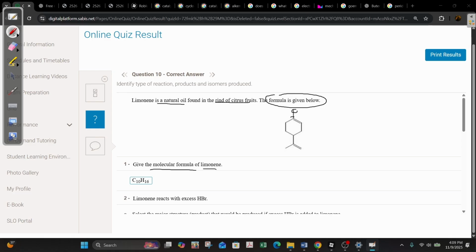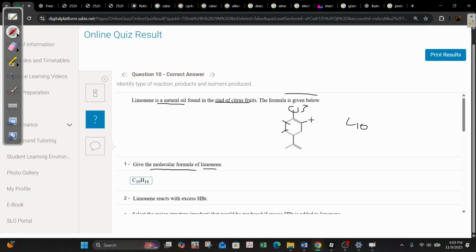So this would be 1, 2, 3, 4, 5, 6, 7, 8, 9, 10. So there will be 10 carbons, and then 3 hydrogens will be in the top here. There'll be 3 here. This is all bonded. There's 2. There's 2. Another one. This is 1, 2, 3.